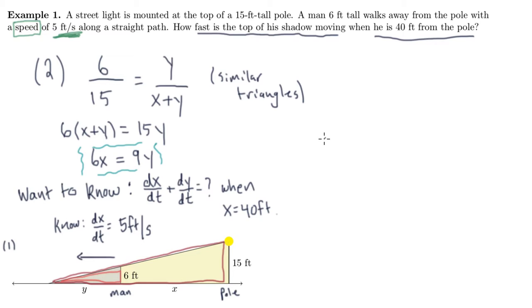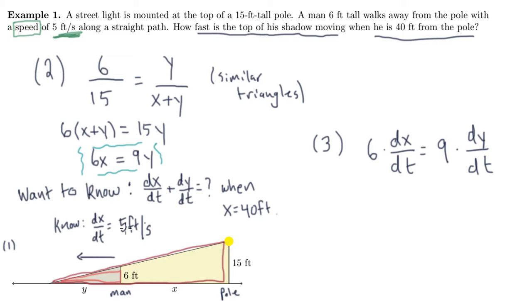So what's step 3? Step 3 is to use implicit differentiation to relate, not the variables, we've already related the variables, relate their rate of change. So we differentiate, we get 6 times dx/dt equals 9 times dy/dt, because when I just take the rate of change of x, I get dx/dt, rate of change of y, I get dy/dt.